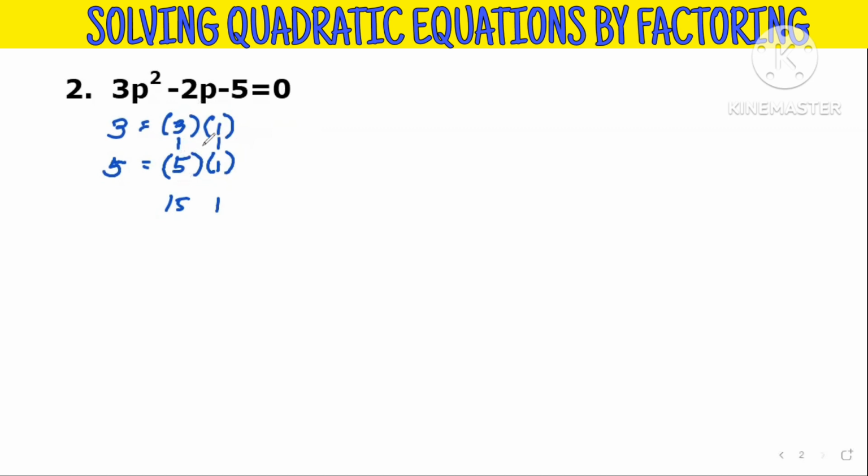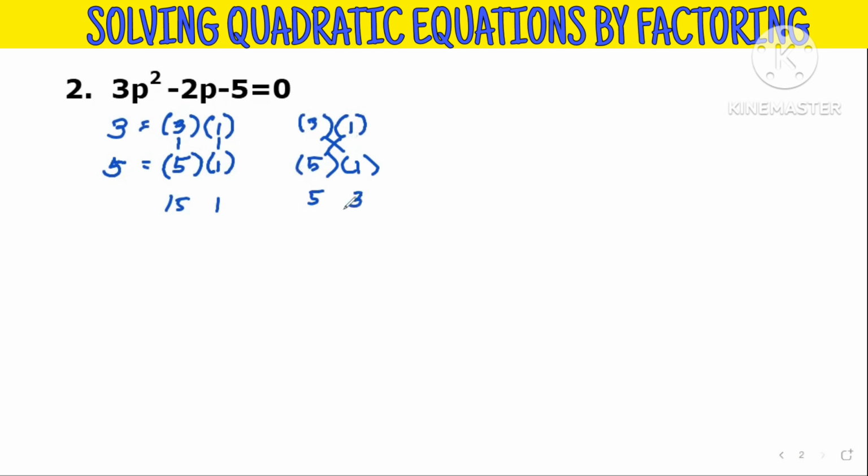So obviously, dapat ang i-pair natin kay 3 ay si 1 at si 1 kay 5, no? So, we have 3 and 1 and 5 and 1. So, dapat si 3 kay 1 at si 1 kay 5. So that the product of 5 and 1 is 5 and the product of 3 and 1 is 3.